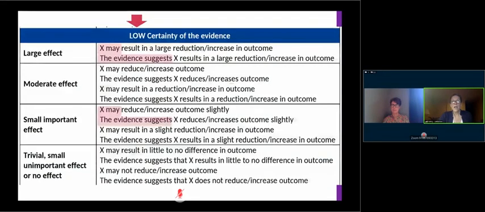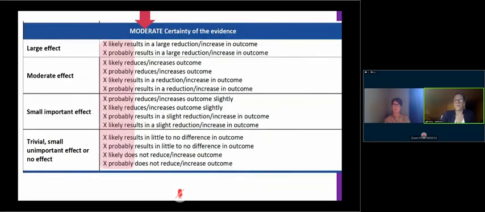So now, for example, in the low certainty evidence, there's an option of saying "the evidence suggests," and people may prefer that a little more than using the word "may." And for moderate certainty, the option could be to use "likely" instead of "probably."